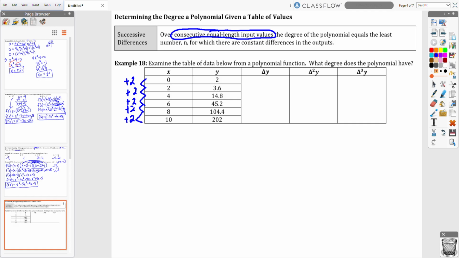So if we find the difference here, we have 3.6 minus 2, so that difference is 1.6.